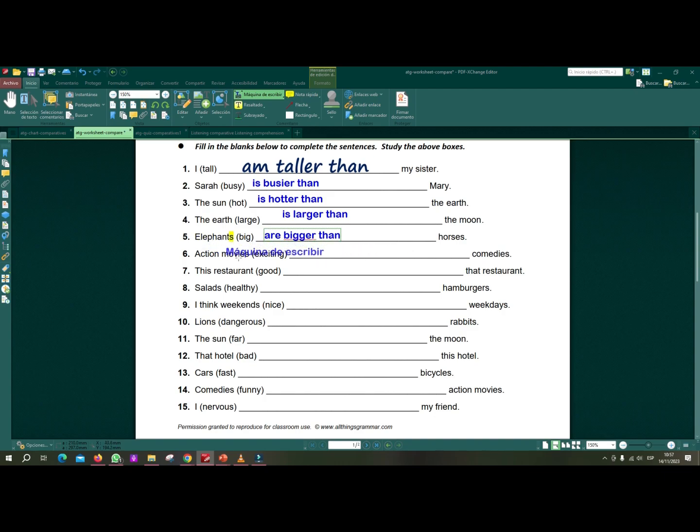Yes, so elephants are bigger than horses. Como aquí tienen un sujeto plural, ¿verdad? El verbo cambia su forma plural. Y en este caso tenemos consonante, vocal, consonante, entonces duplicamos la última consonante y agregamos ER. Ok, excellent.